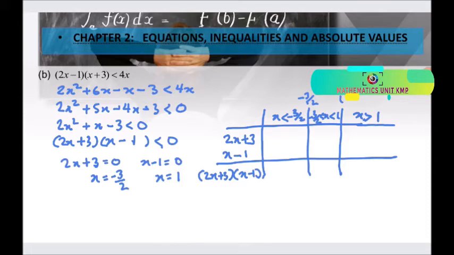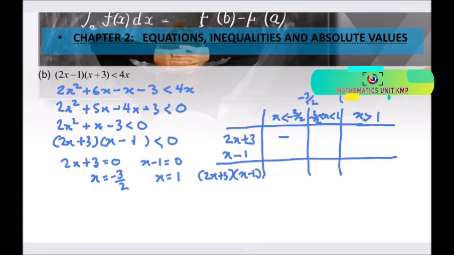To solve, let's take one value of x that is less than negative 3 over 2. I will take negative 2 here. Substitute negative 2 into the factor 2x plus 3. So we will get negative 4 plus 3 equal to negative 1. So the sign there is negative.